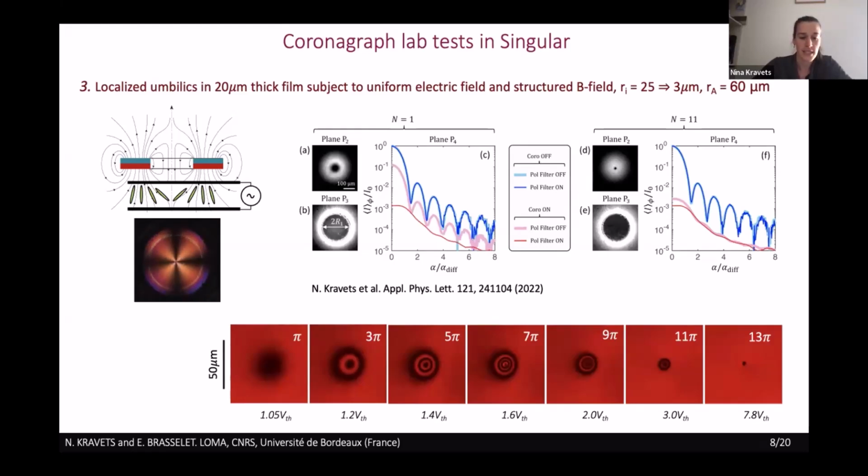Because we can see that in the typical regime of the electric field being close to the Freedericksz threshold, the size of the defect was about 50 micrometers. And this is compatible with the Airy spot that you can see in part A on the left part of the plots. And then we demonstrated that if you exit from this usual regime of low electric fields, and you boost your system with high electric fields far away from the Freedericksz threshold, you can shrink the size of the central defect.